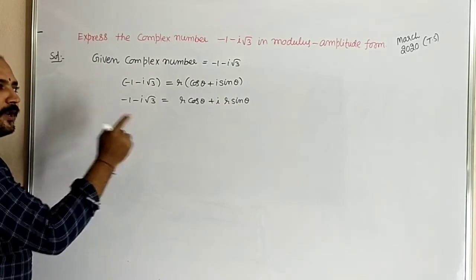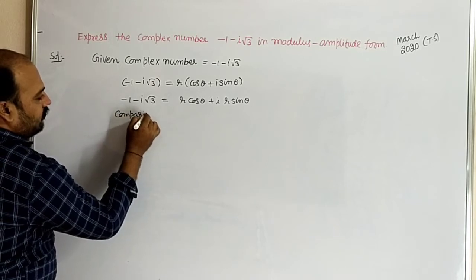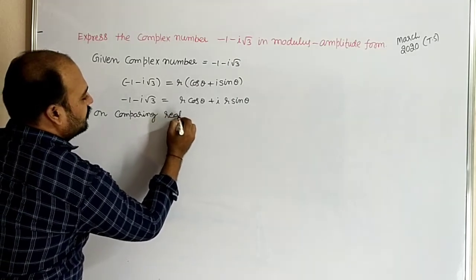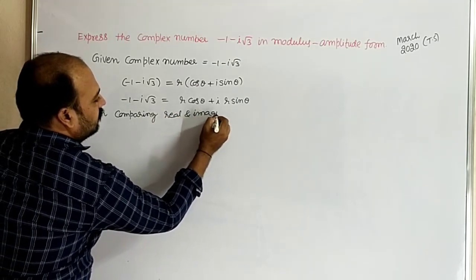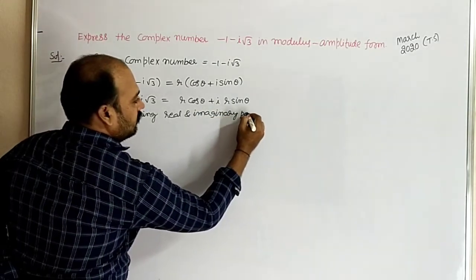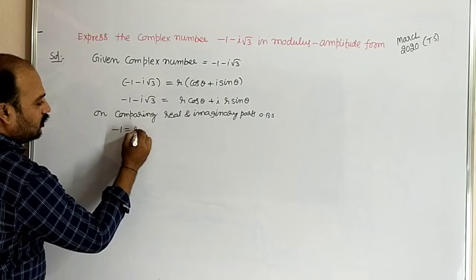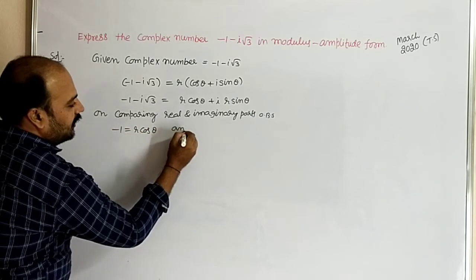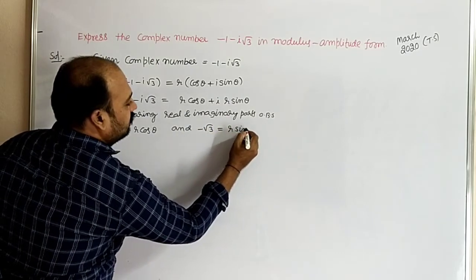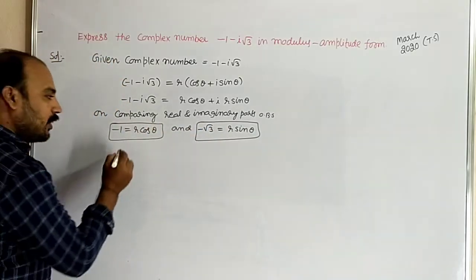By comparing real and imaginary parts on both sides, minus 1 is equal to r cos theta and minus root 3 is equal to r sin theta. After comparing these values, square on both sides and add.